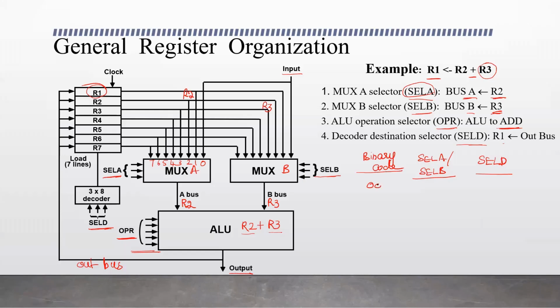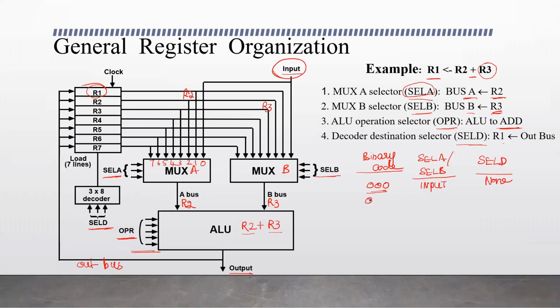So it is 0, 0, 0, and when it is 0, 0, 0, the selection A input, the multiplexer A select input, selects the external input that comes from the external input device. And multiplexer selector B, SELB, the selection input to multiplexer B, will also be 0, 0, 0, and at that time it selects the input. And selection D selects none, because there are only registers R1 to R7.